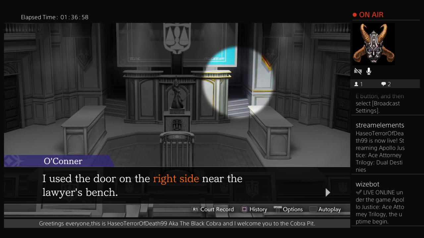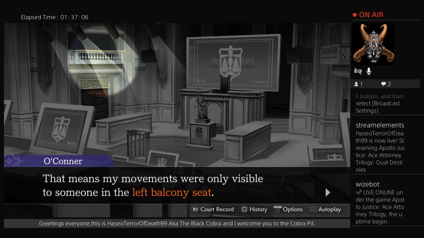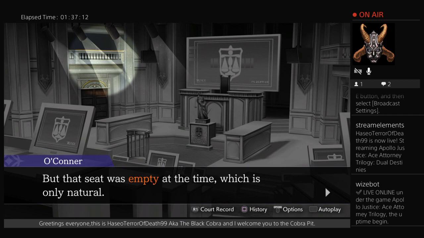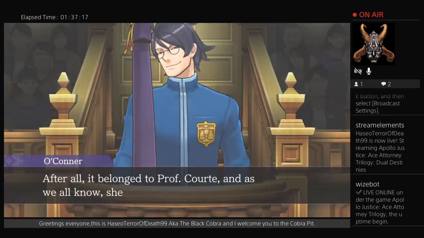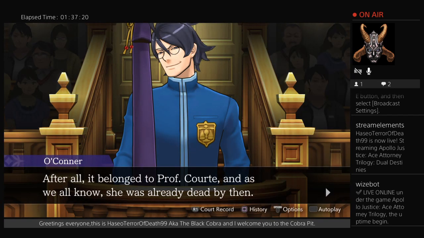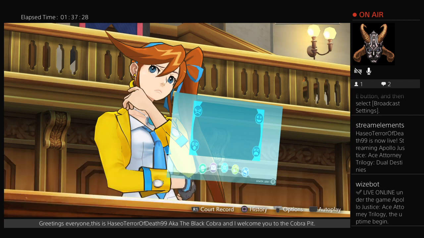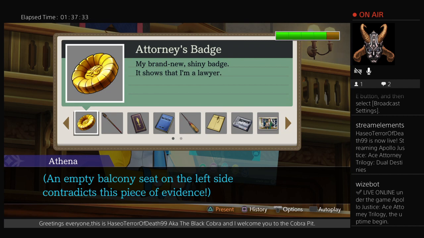I used the door on the right side near the lawyer's bench. That means my movements will be visible to someone in the left balcony seat. That seat was empty at the time, which is only natural. After all, it belonged to Professor Cord, and as we all know, he was already dead by then. That can't be right. An empty balcony seat on the left side contradicts this piece of evidence.